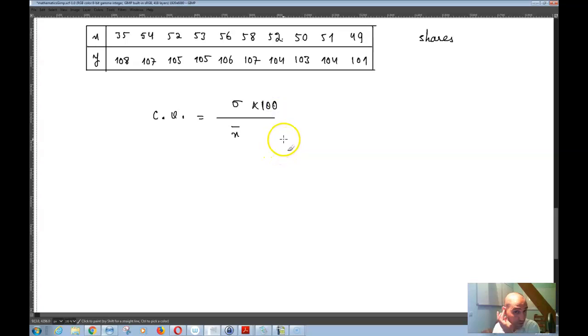So I need to calculate my x bar here, I need to calculate my sigma here, calculate the coefficient of variation, and then compare the two.